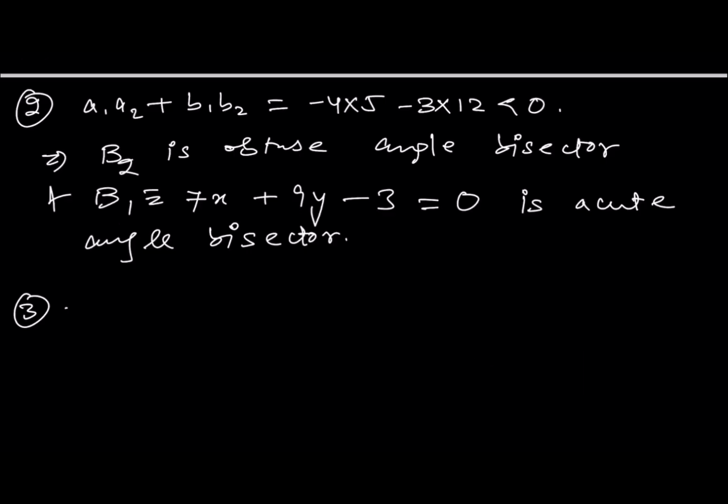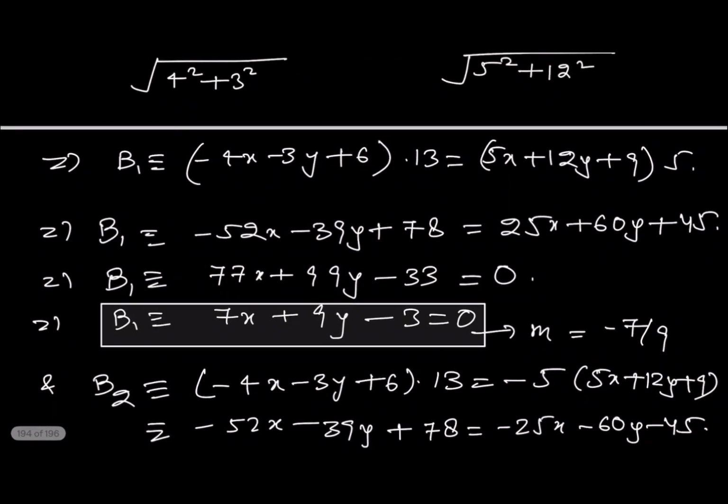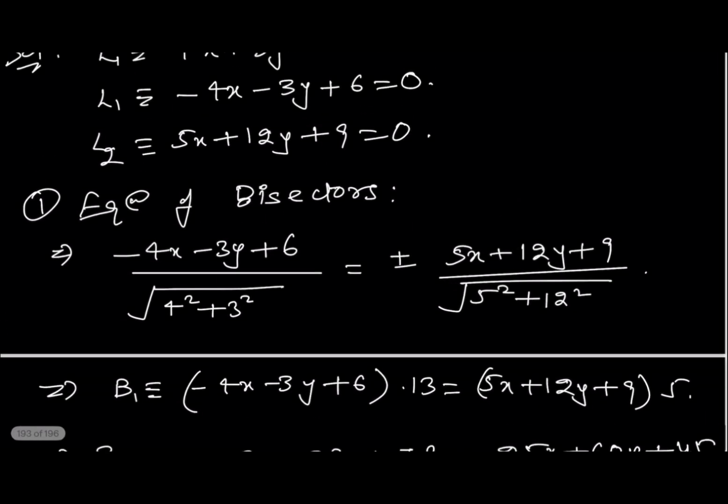Point number 3 is which bisector is having the origin. So L1 of (0, 0) into L2 of (0, 0) means I have to put 0, 0 in place of x and y in lines 1 and 2.